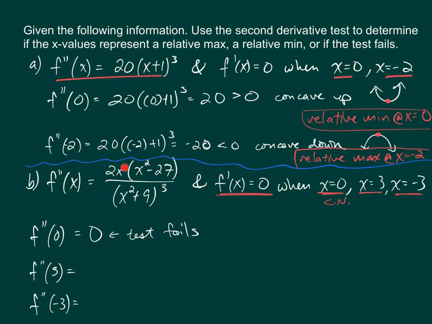I'm not so much interested in the number you get. I just need to know whether you'll get something that's positive or negative when you substitute 3 in, and separately when you substitute -3 in. So give that a shot really quickly. I'll pause in talking here in a few seconds so you can pause the video and try it for yourself.